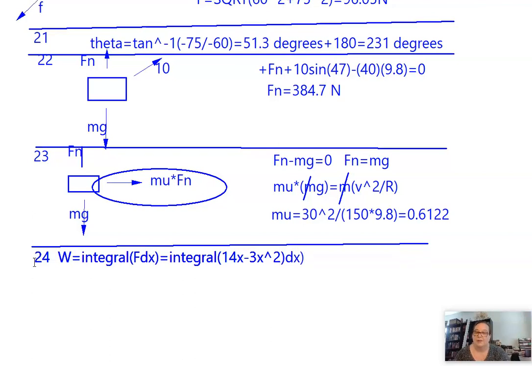I should have had another parentheses in there. Sorry about that. All right, so when we integrate this, the 14x becomes 14x squared divided by 2, so that's 7x squared. And then the minus 3x squared becomes minus 3x cubed divided by 3, which just becomes minus x cubed. Now we still have to evaluate this for our limits.